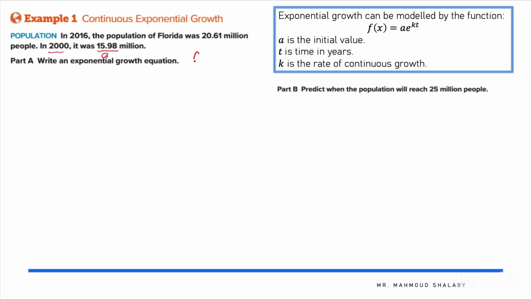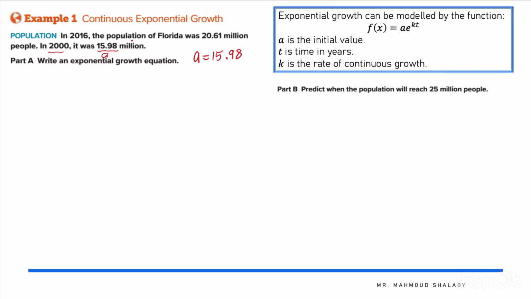So I can write a equals 15.98. We will use it more than once. Now, what other information do I have in the question that I can write down and substitute in the original function to see what is missing?